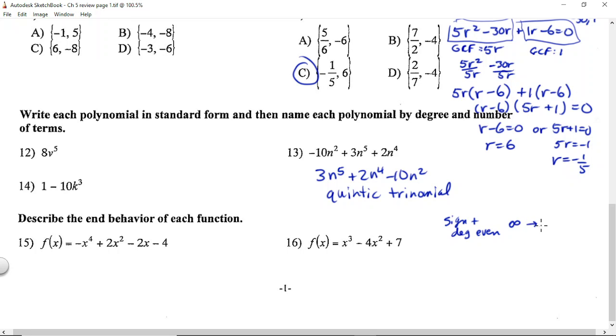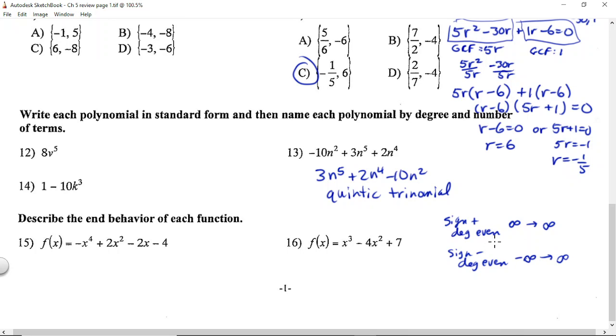This is the end behavior. Okay, it's up and up, we could call it. So sign negative, degree even. That's when it's down and down.